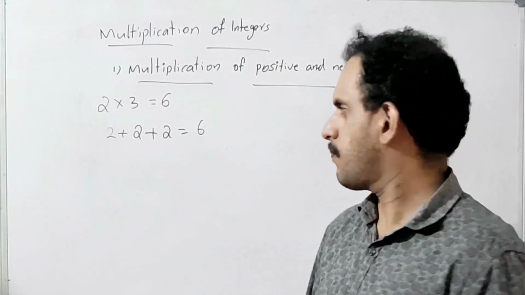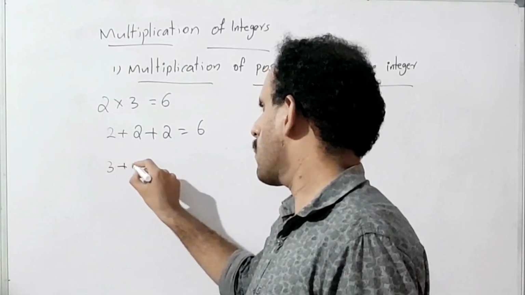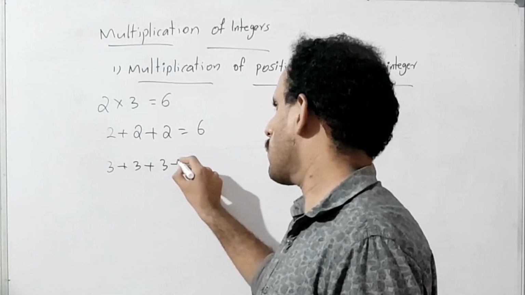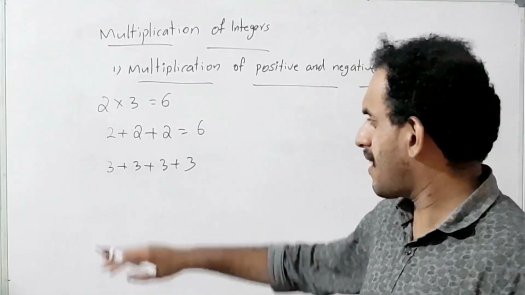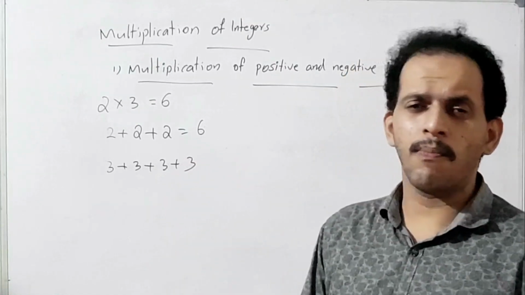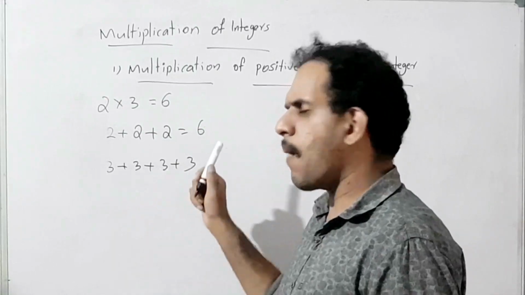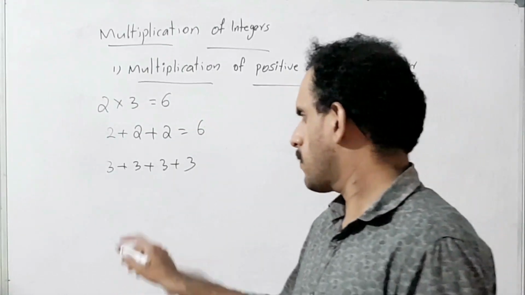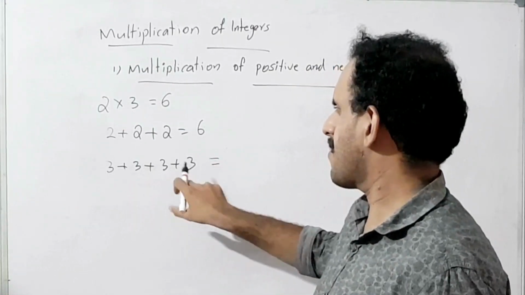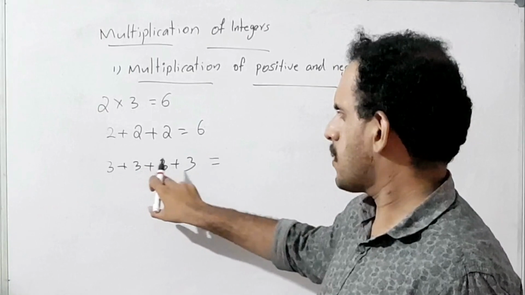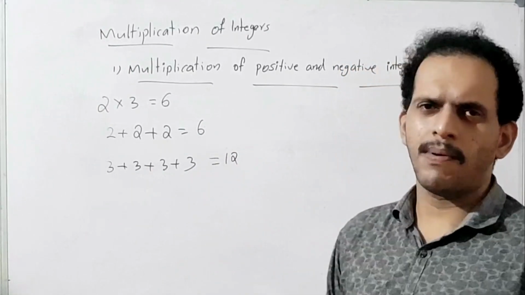Then how do we represent 3 plus 3 plus 3 plus 3 shortly in the form of multiplication? Here we are adding the number 3 four times. 3 plus 3 is 6, 6 plus 3 is 9, 9 plus 3 is 12.